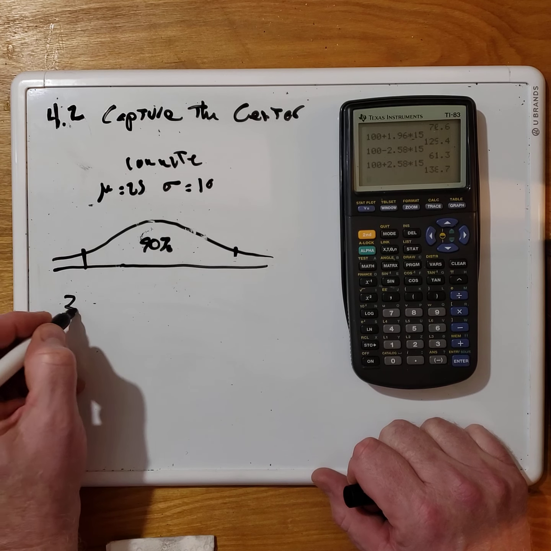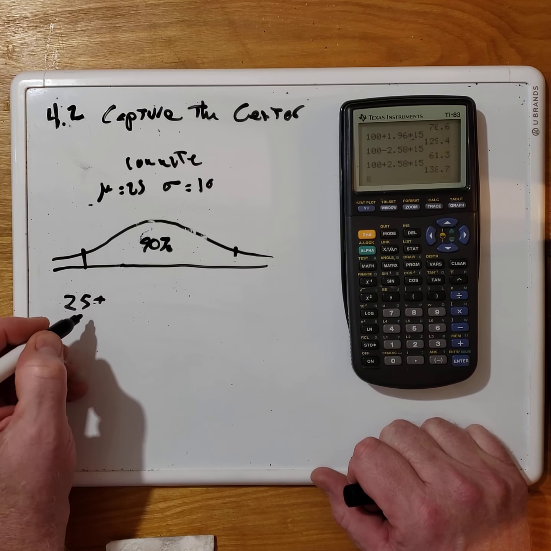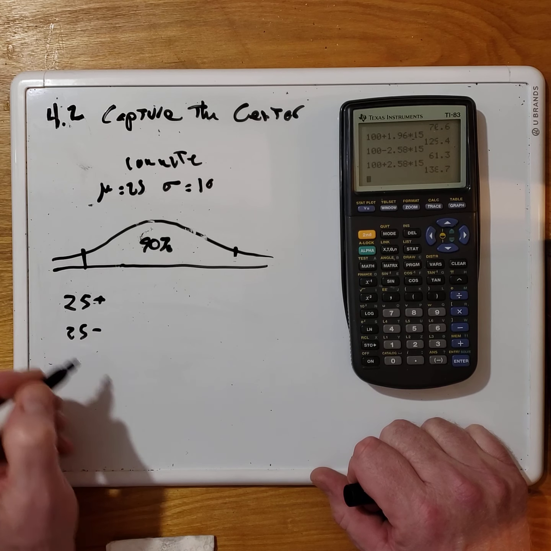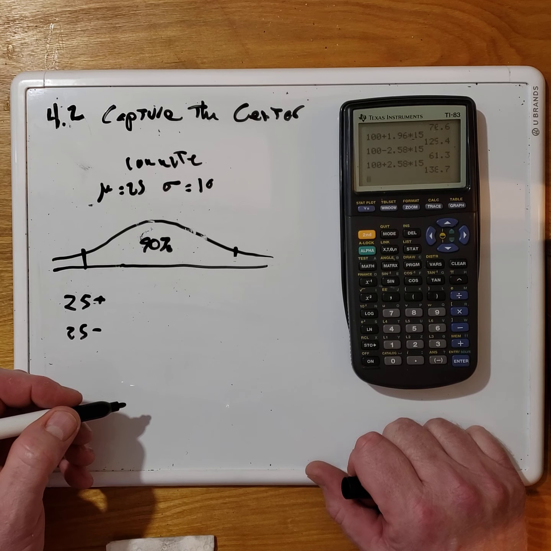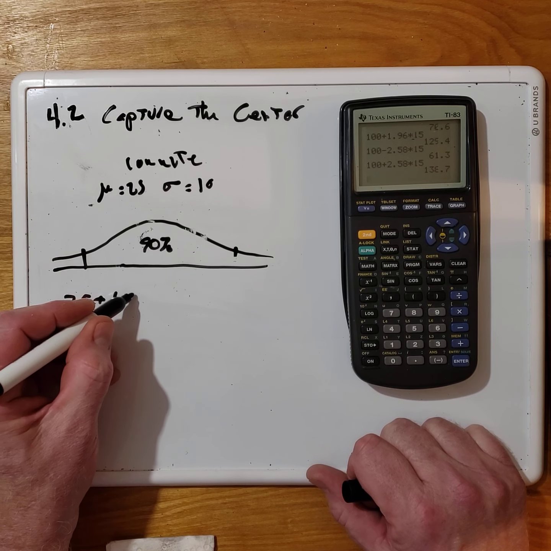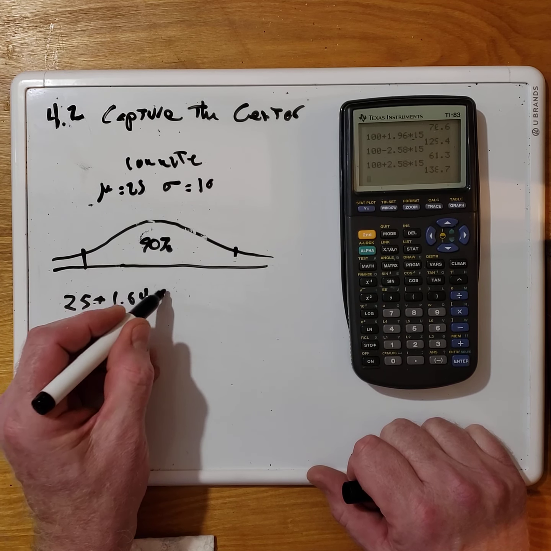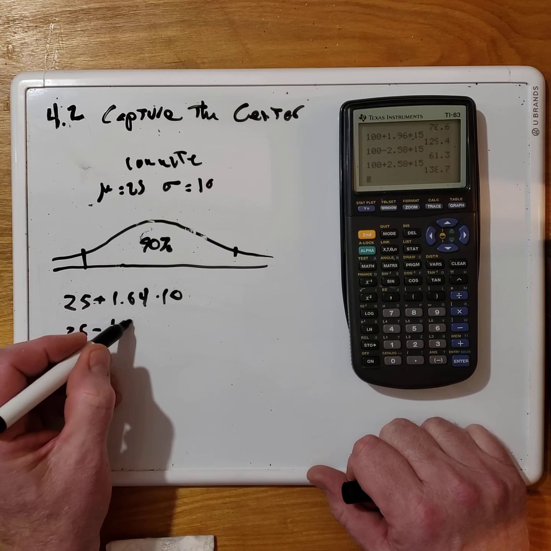Well, we know that's going to be 25 plus and 25 minus, sorry, different order this time. The z-score associated with 90% was 1.64. So we do 1.64 times the standard deviation.